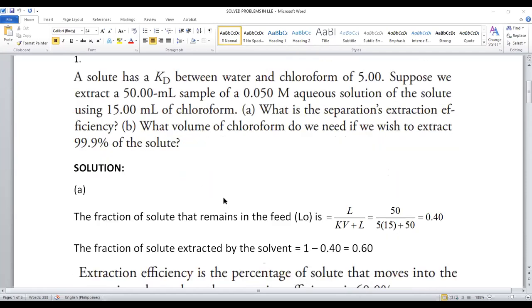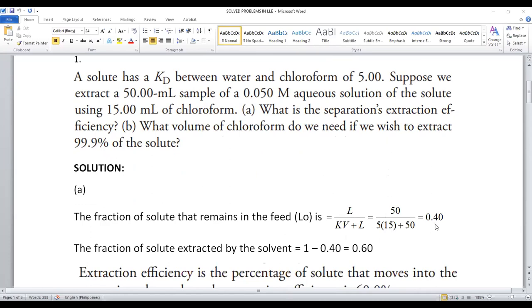Now, the fraction of solute that remains in the feed is L over KV plus L. This is the unrecovered solute. The formula will again be a substitution: 50 for the L and 15 for the V. The 5 is for your K, or KD specifically.